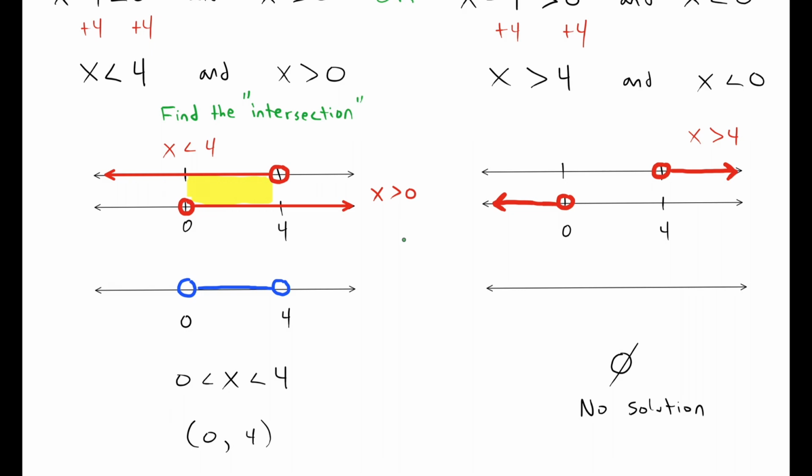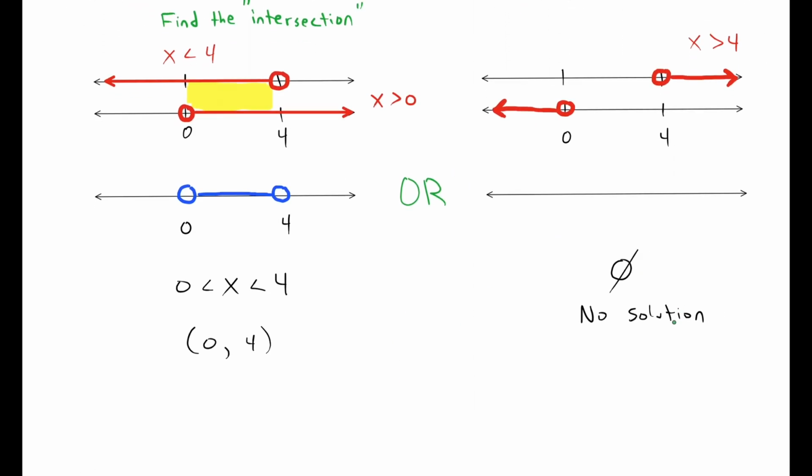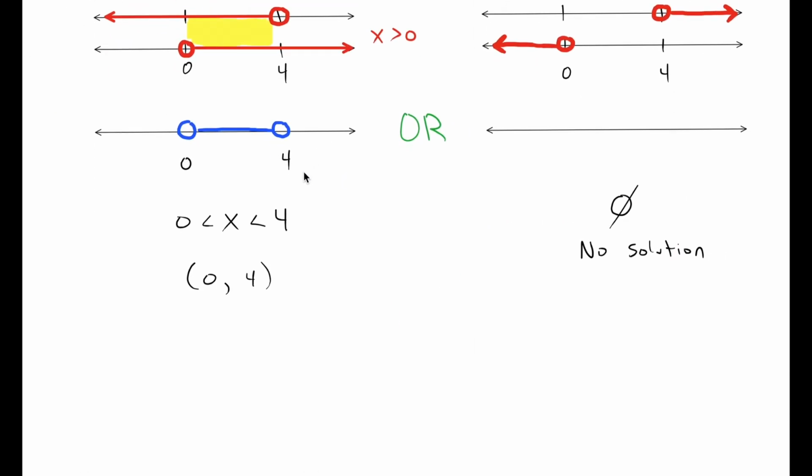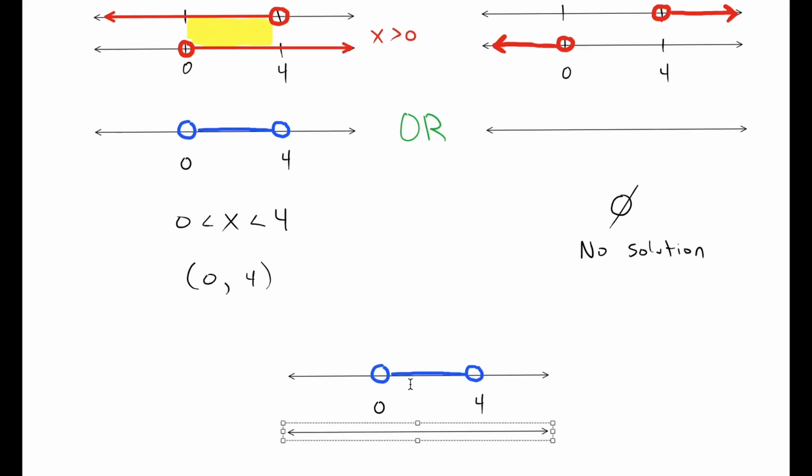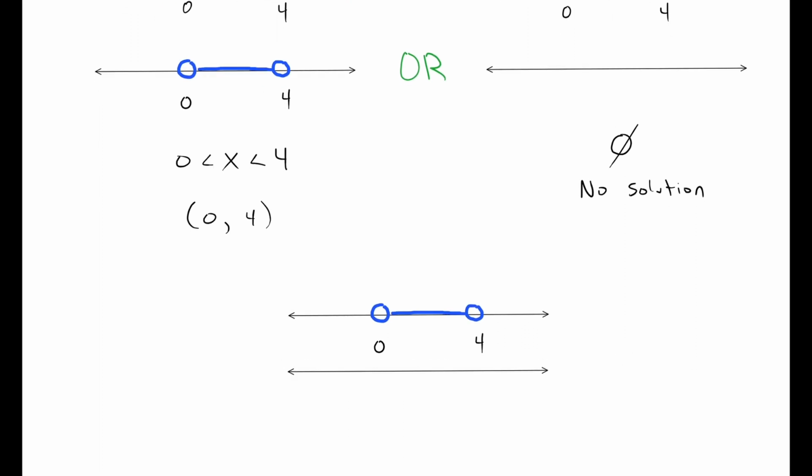What we need, though, at the end is to join these two results together with an OR. So it could be the left possibility or the right possibility. So we're going to be finding what's called the union of these two. If you place them above and below each other, whenever you're finding an OR, you're finding what's called the union of (0, 4) and no solution.